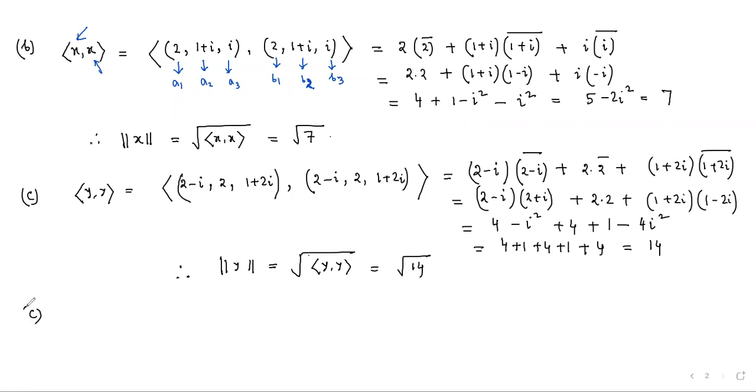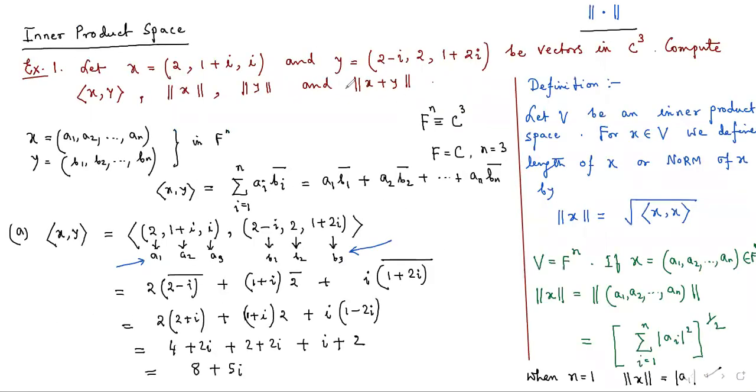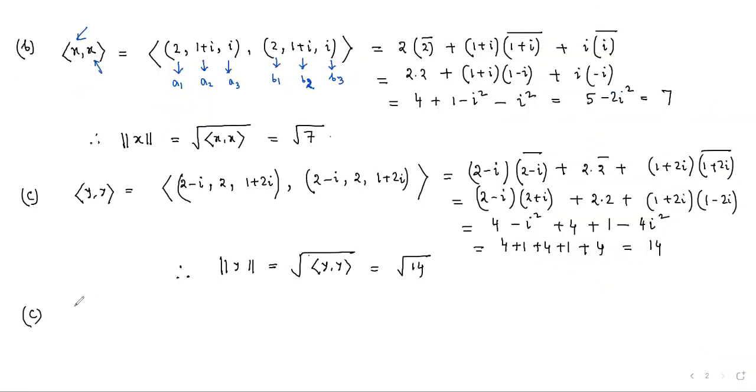Next part is C, where we are supposed to calculate the norm of x plus y. For this, first of all, we need to calculate the vector x plus y. Since the vectors x and y belong to C3, when we add the two vectors, we add them component wise.